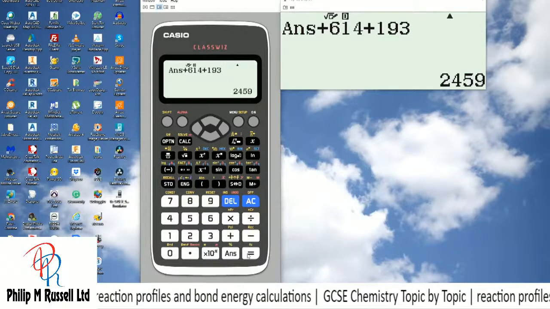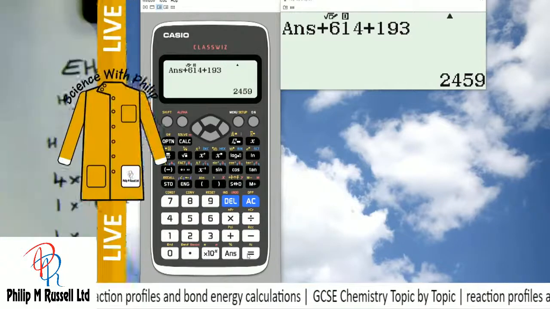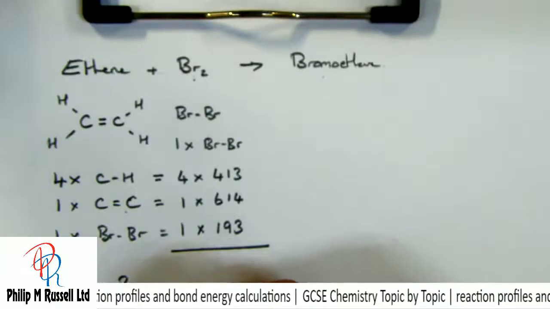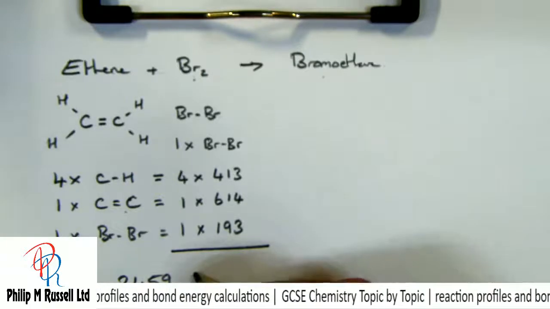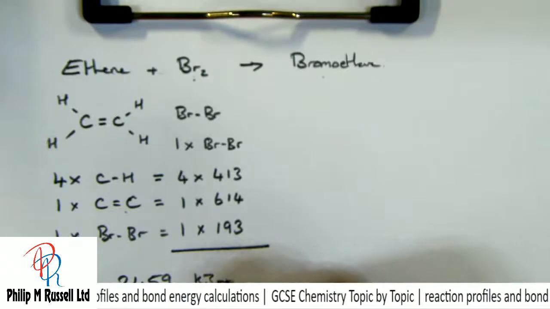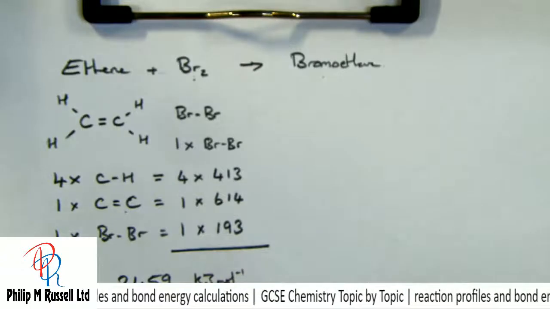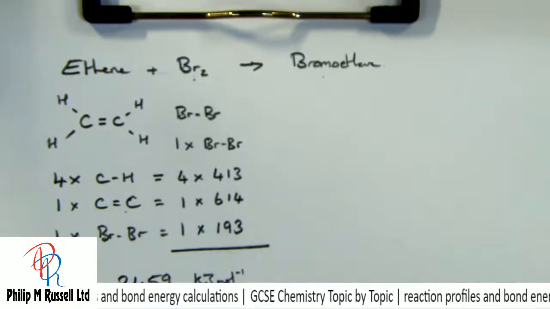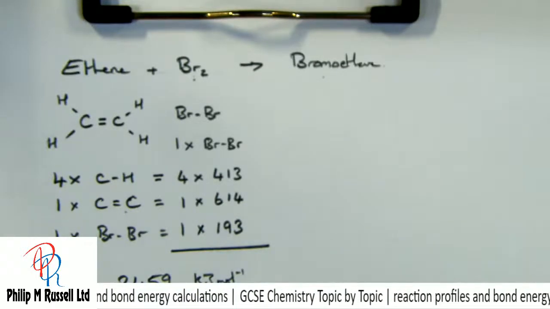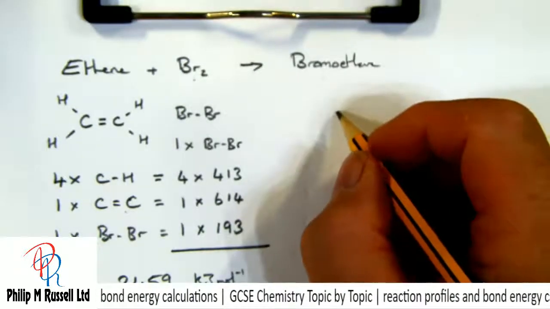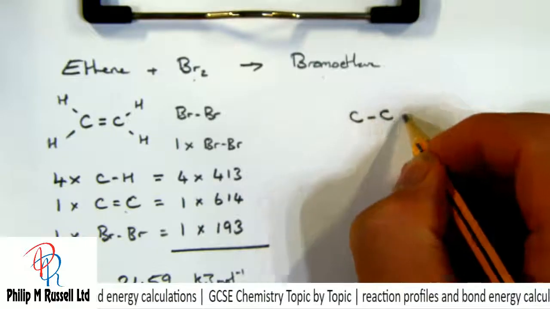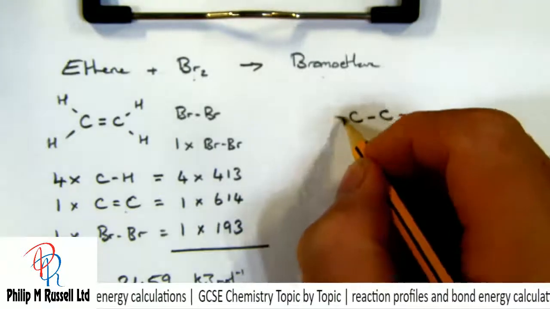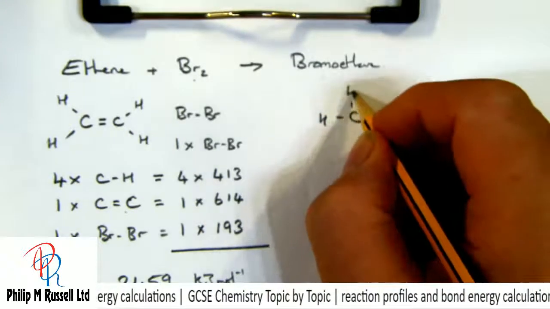So it means for this reaction I've got to put in 2459 kilojoules for every mole that I've got. Now, what's the substance we make? Well, we're going to make here bromoethane.